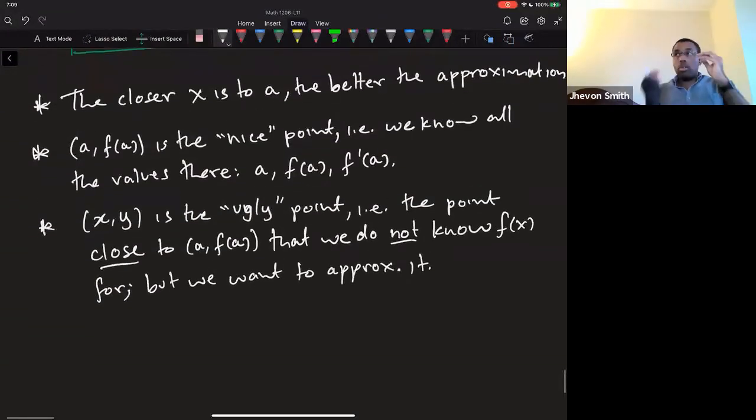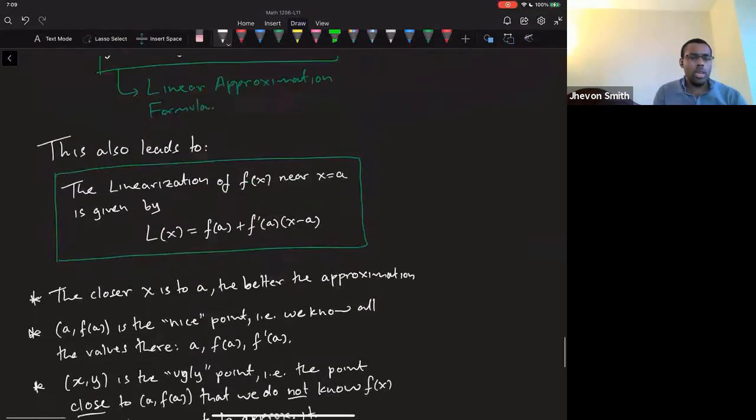So you can always think of a as the nice x value, it's the coordinate at which we know what's going on. And x is the coordinate at which we don't know what's going on.